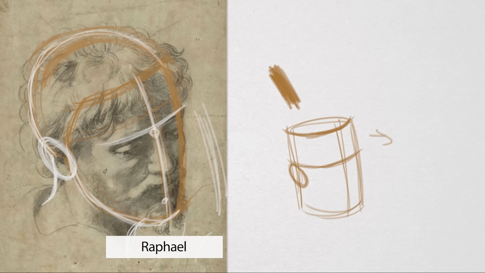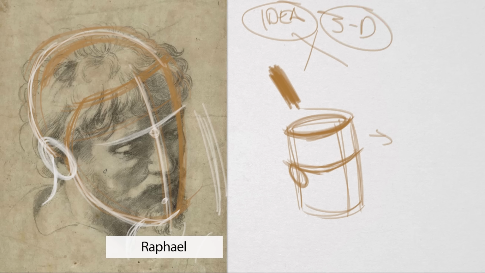Also notice it's almost always better to screw up the tilt of that bucket by making it tilt too much. Because what's our real problem here? The real problem is to fight off this flat paper or flat canvas we're on and give the idea, the illusion of three-dimensional form, of tilts and tips and facing dimensions.